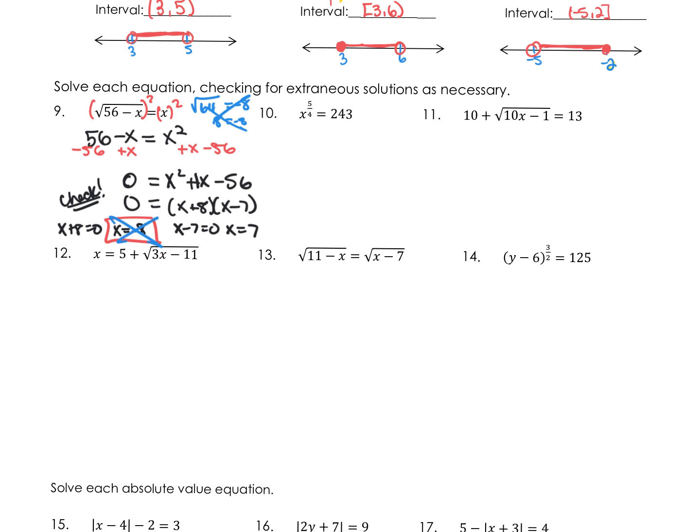So this one does not work. Whereas when you plug in 7, you'll get the square root of 49 is equal to 7, and you'll get 7 equals 7. All right, and remember, you only have to check with radicals.